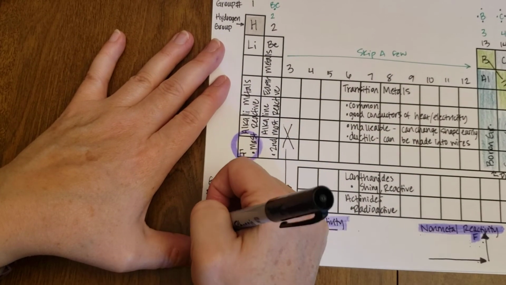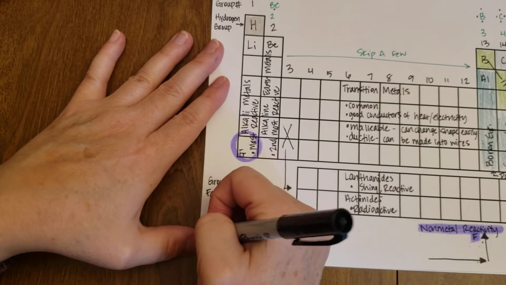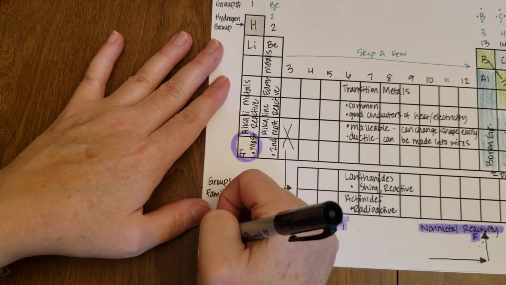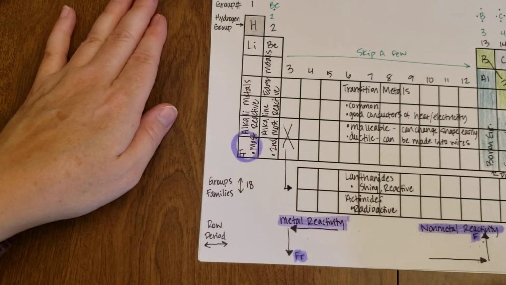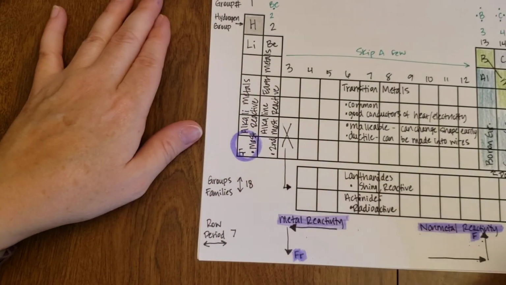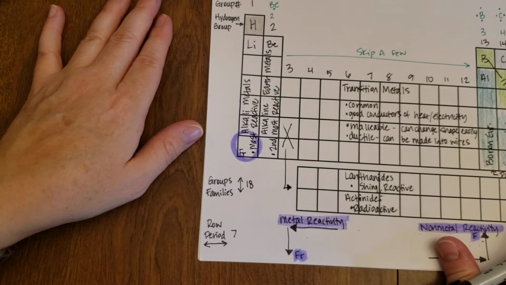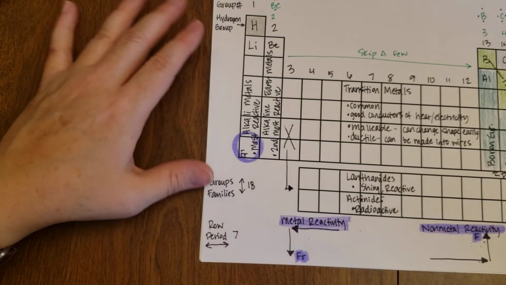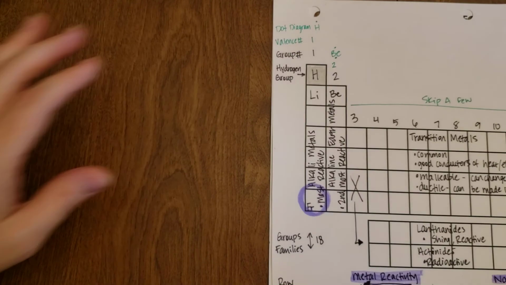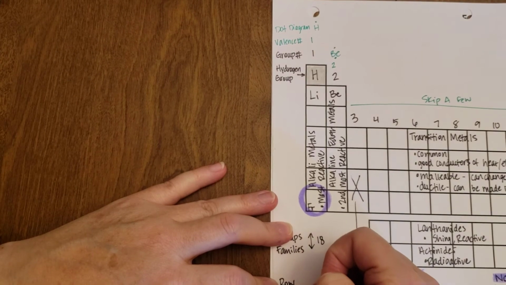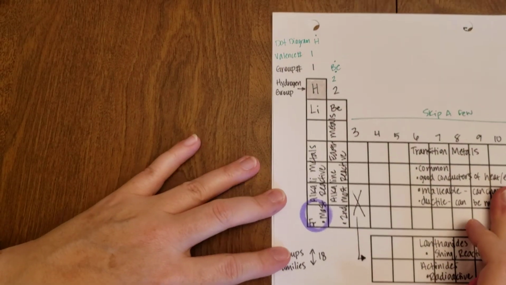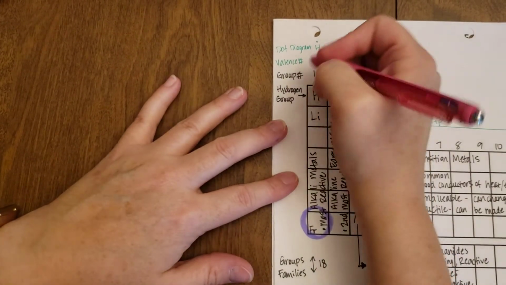When we talk about a row, we're talking about a period, and that they move horizontally, and there are 7 of them. So we can come back over here. Let's see, pick a totally different color. I'm going to use pink. I'll go over the number 7 here with pink. So I'm going to come down the side and just number my rows.